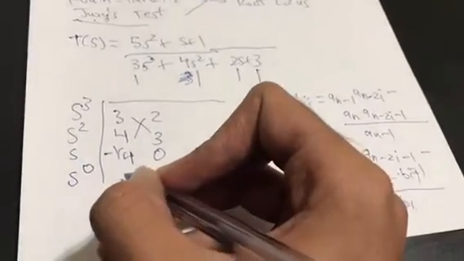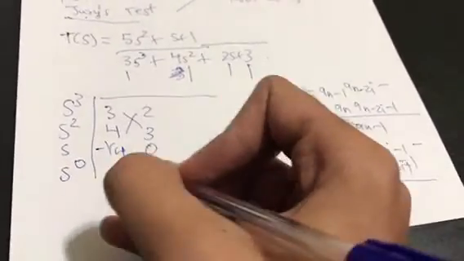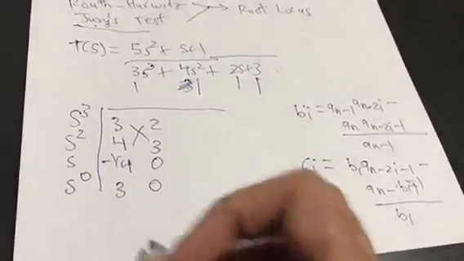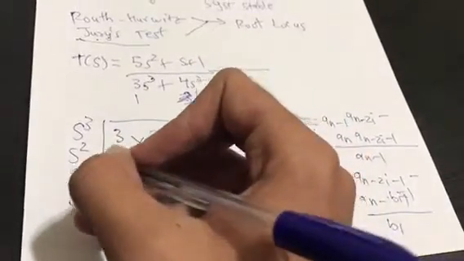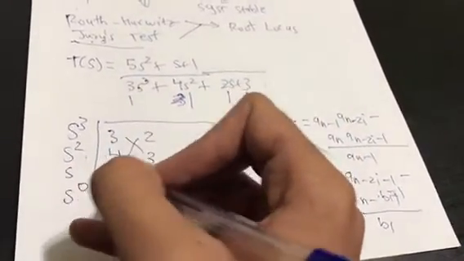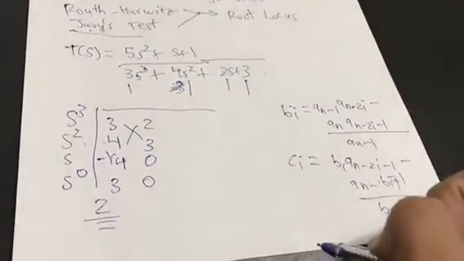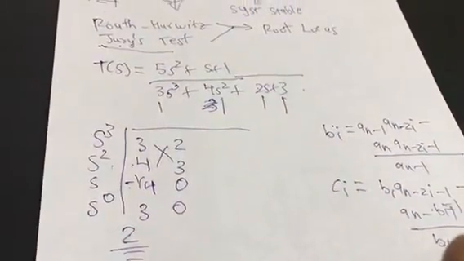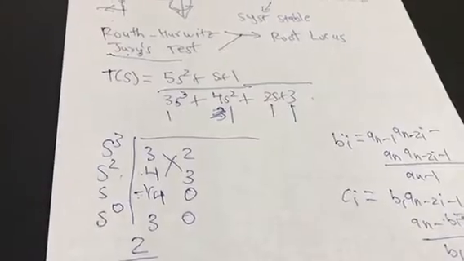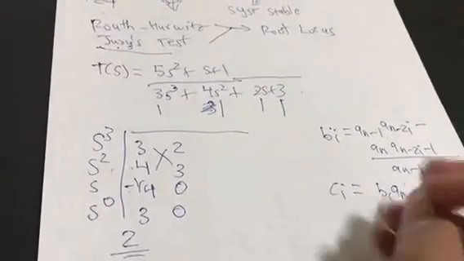So 1 minus 1 by 4, 0, and 3, 0. So you see the sign changes: positive, negative, negative, positive. So 2 times the sign changes. So there are 2 roots in the right half S-plane, hence the system is unstable.